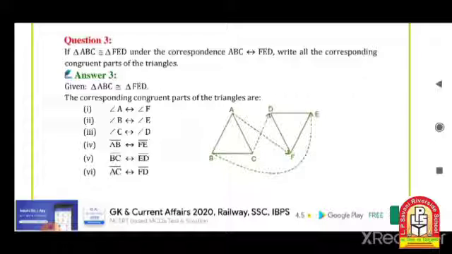In the Zoom lecture we already learned about the characteristics of the congruence of triangles. The corresponding angles are the same, corresponding sides have the same measurement, and corresponding vertices are also the same. So these three conditions must be satisfied for congruence of triangles.